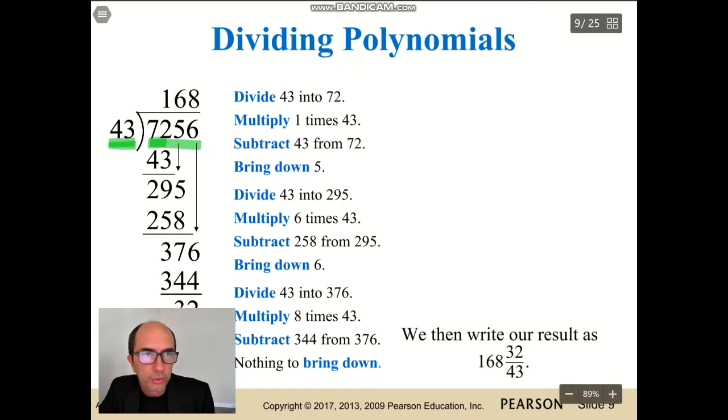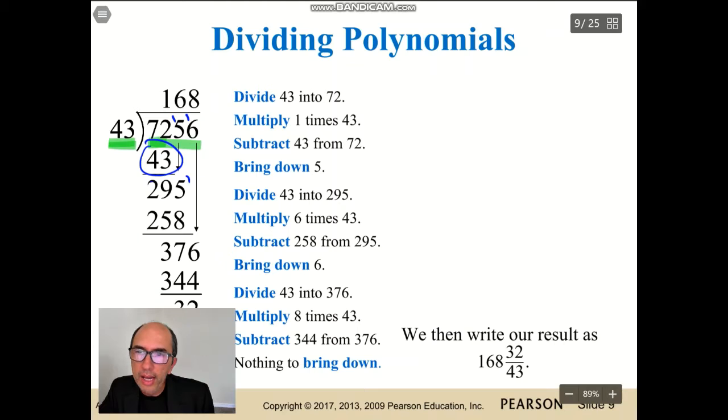The first thing you have to do is divide 72 by 43. It's going to be 1. 1 times 43, we write down here 43. And then subtract, right? 72 minus 43, 29. Then drop another unit, the next number here.